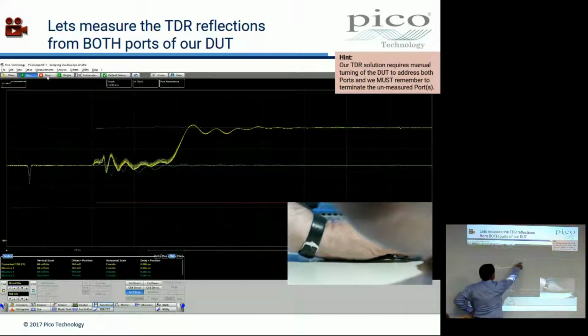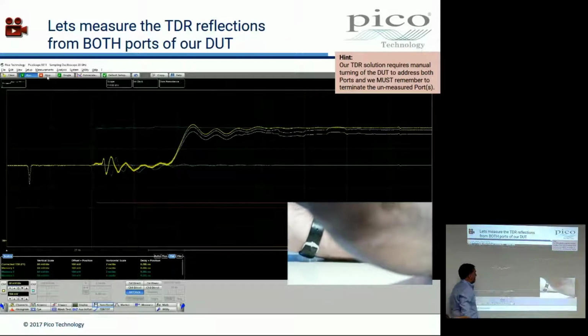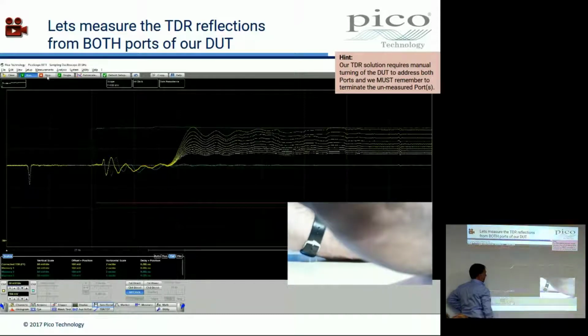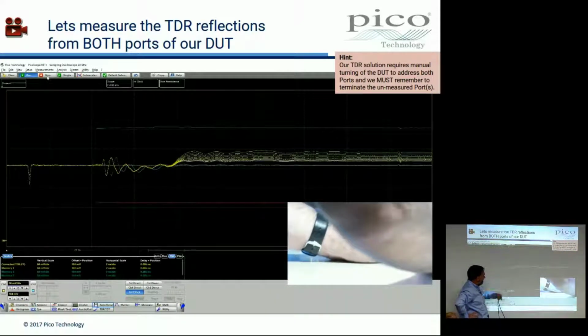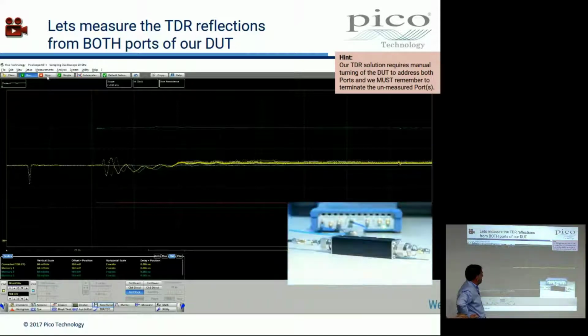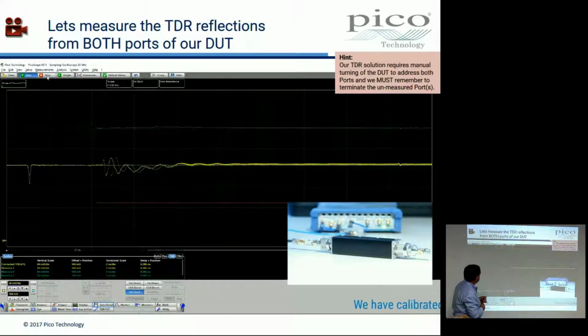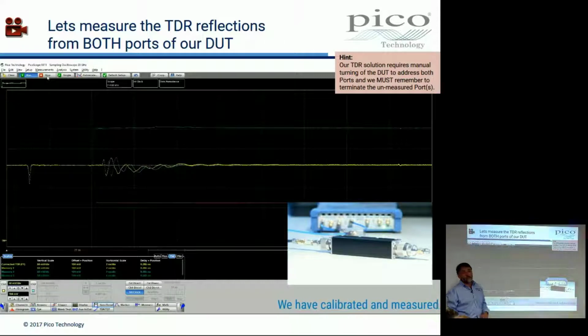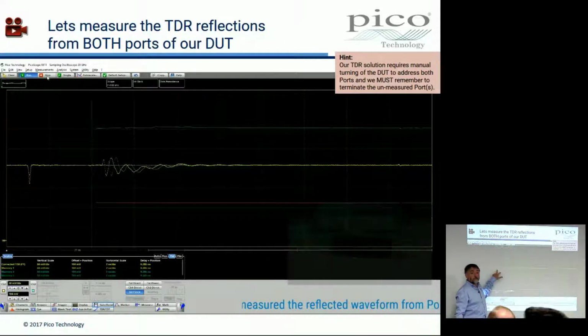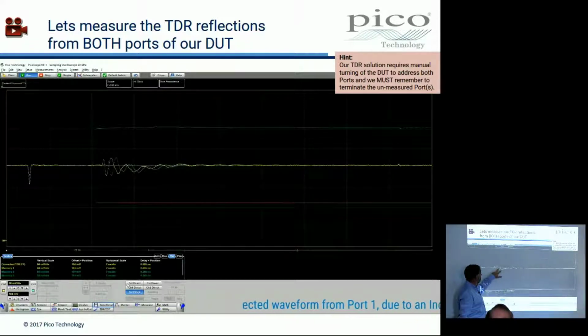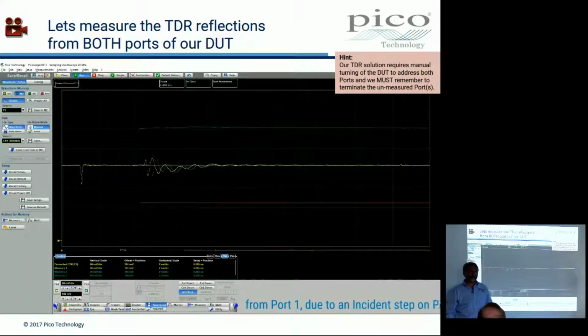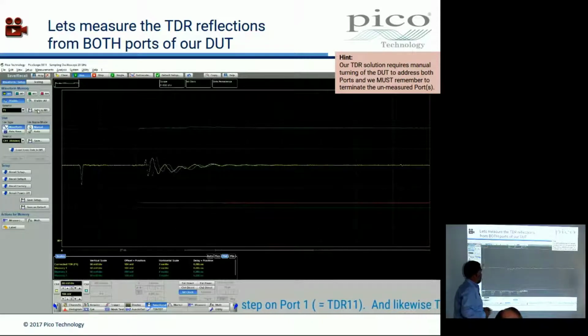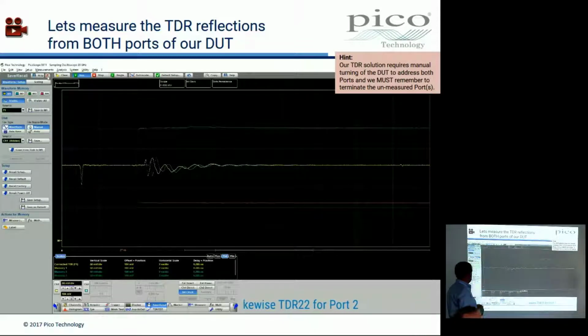Don't forget I need to terminate it, because sometimes the termination can affect the measurement here. It doesn't in this case, but there you go. Right, so there's two matches. They look pretty much the same, but the mismatches don't have the same timing. They're slightly offset from one another. So TDR11 and TDR22 are different, yet similar.